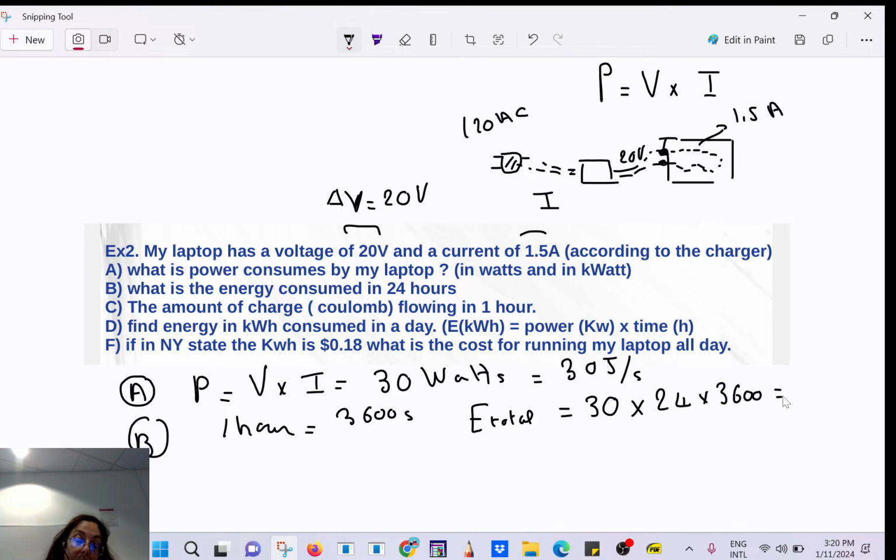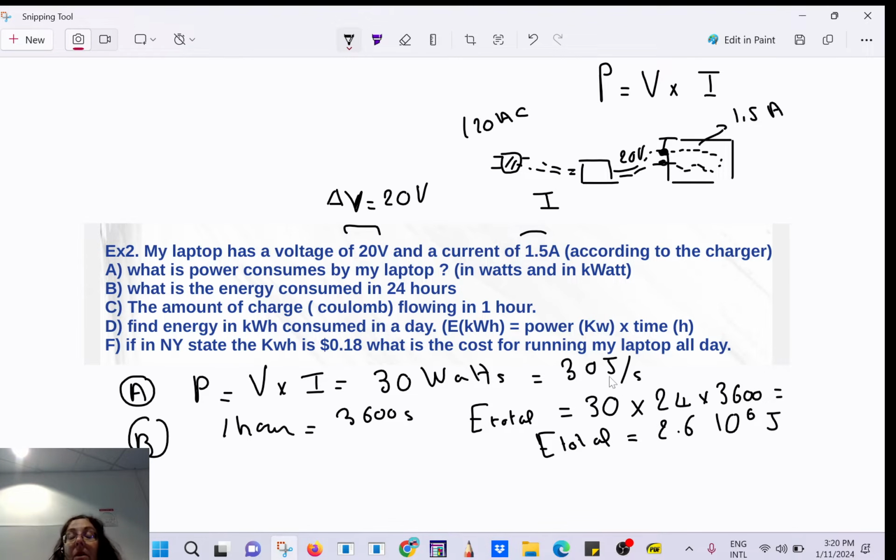Okay, so it's going to be 30 times 24 times 3600, and you get a big number. Is that right? So it will be 1, 2, 3, 4, 5, 6. Okay, joule is a small unit. Is that right?